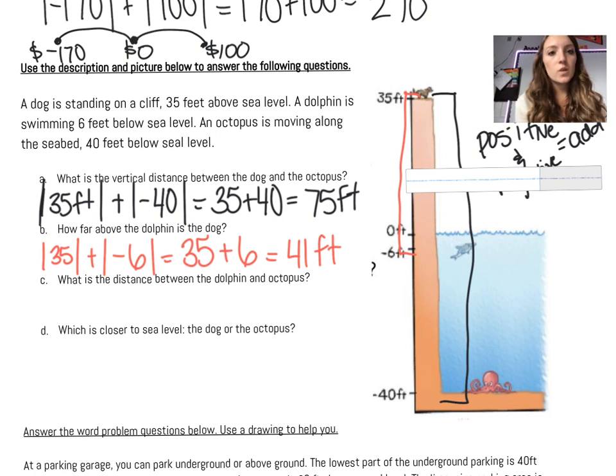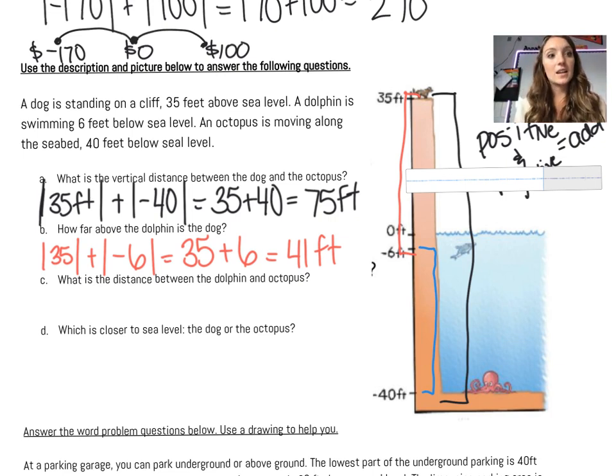So for part C, what is the distance between the dolphin and the octopus? So if I am the dolphin here at -6 and the octopus is at -40, I'm not crossing over that sea level or trying to find my distance to 0 of both numbers because they're both negative. I just want to find now the difference between those two.